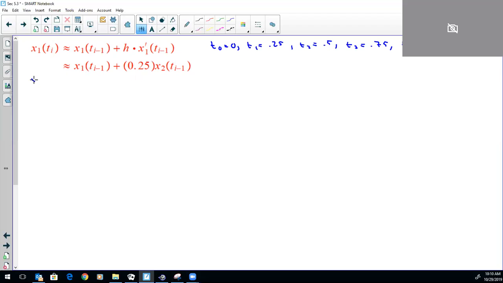Let's back up. We do know that x1 of 0 is 1. Now, x1 of 0.25 is approximately the value that we know already, x1 of 0, plus our step size times x1 prime of 0.